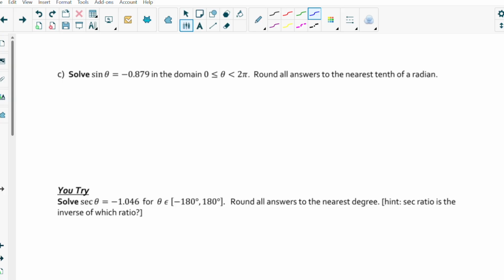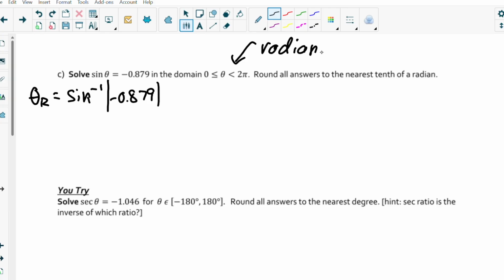Okay, so let's take a look at this. First I need to find the reference angle. So theta r equals the inverse sine of the absolute value of negative 0.879. Okay, radian mode, don't forget radians. So let's do inverse sine of the absolute value of negative 0.879.